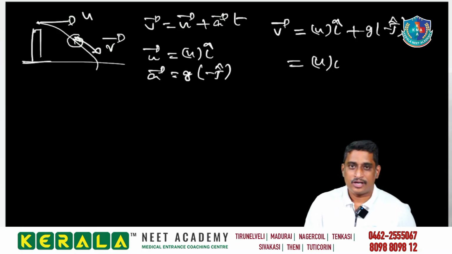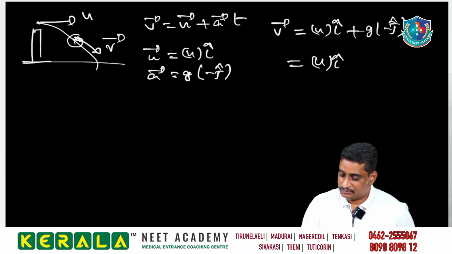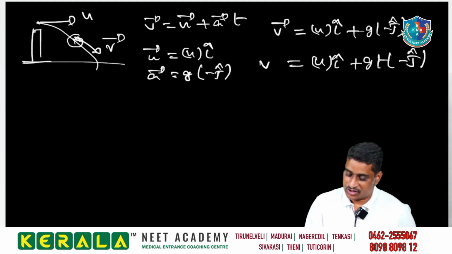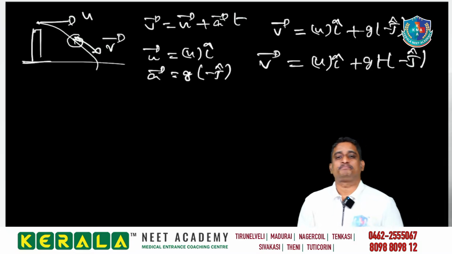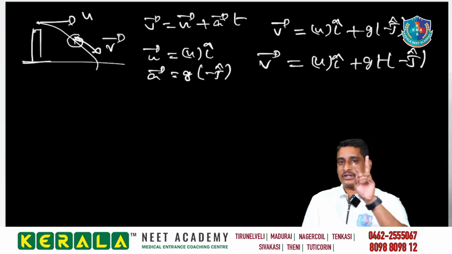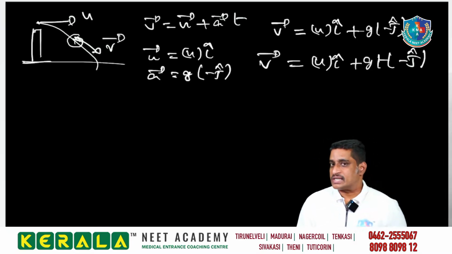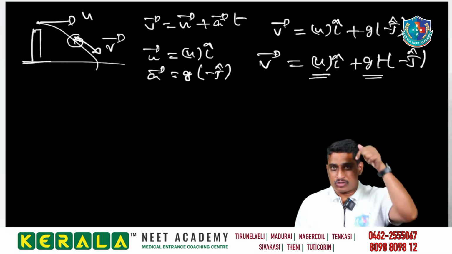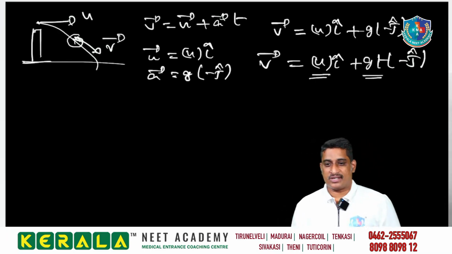Therefore, this will be u i cap plus gt minus j cap. That means after time t, just like in the previous case, the body will have two components. One component along the x-axis, nothing but u. Another component along the negative y-axis, nothing but gt.